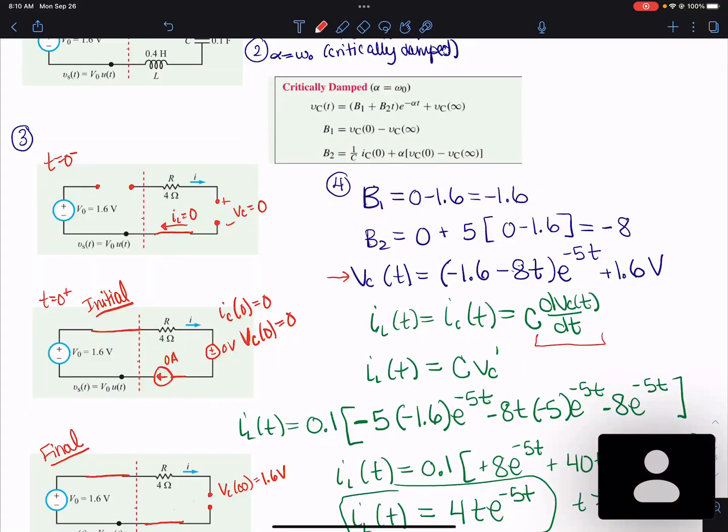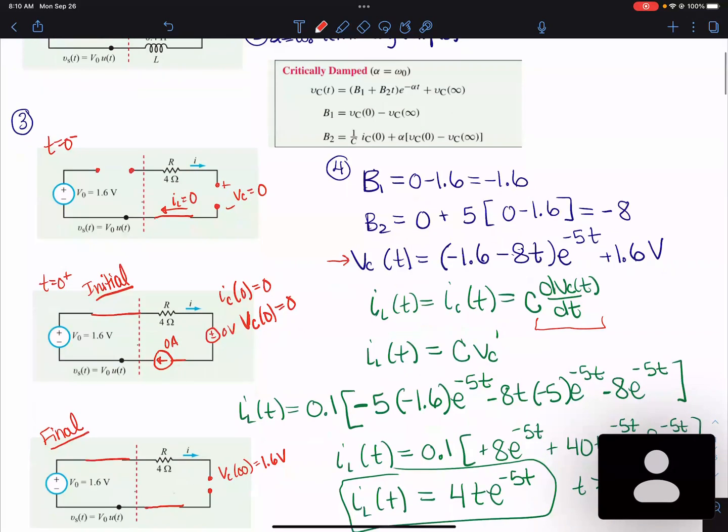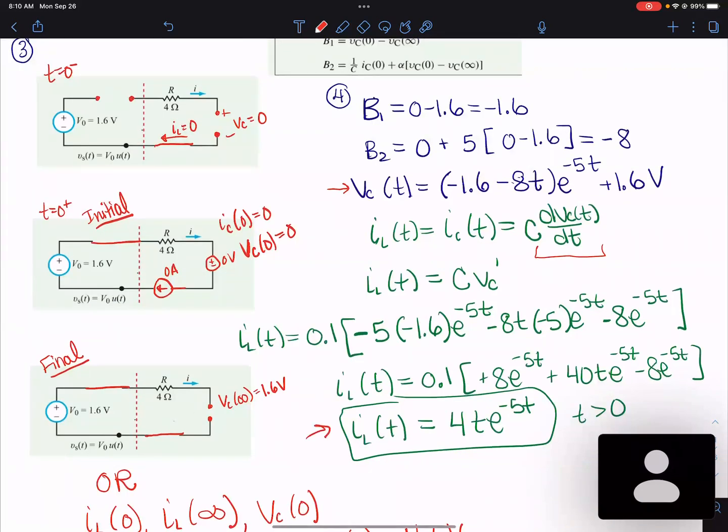That yielded i_L(t), which is the same as i_C because it's in the same branch: 4t e^(-5t) for t greater than 0. So this was the method we just learned.